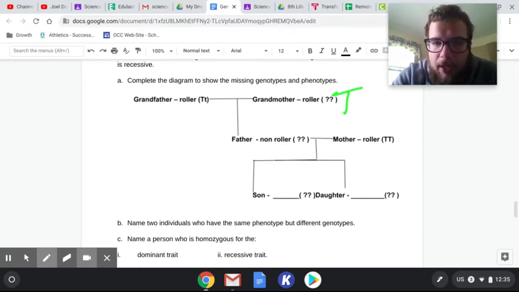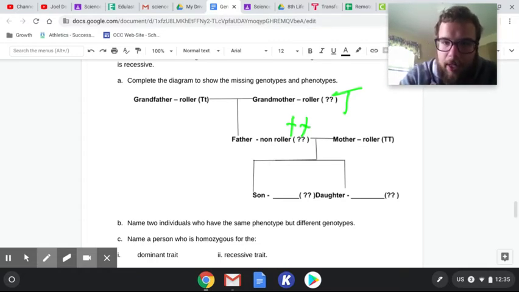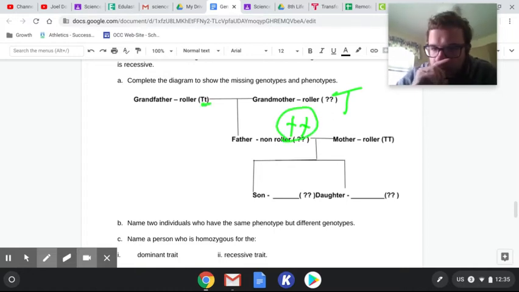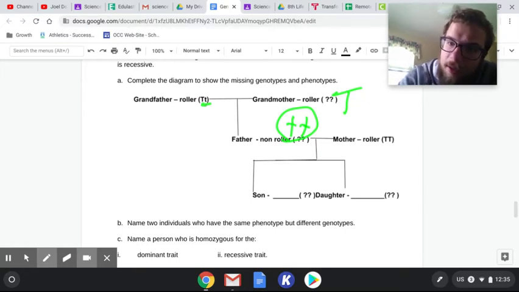Now, we know father here is a non-roller. That's a guarantee that he is little t, little t, because if he had a big T, he would not be a non-roller. He would be a roller. Now, what does that tell us about grandmother? That gives us a big hint. In order to have an offspring that's homozygous recessive, if grandfather only has one little t, there's got to be a little t coming from somewhere else, and it's grandmother.